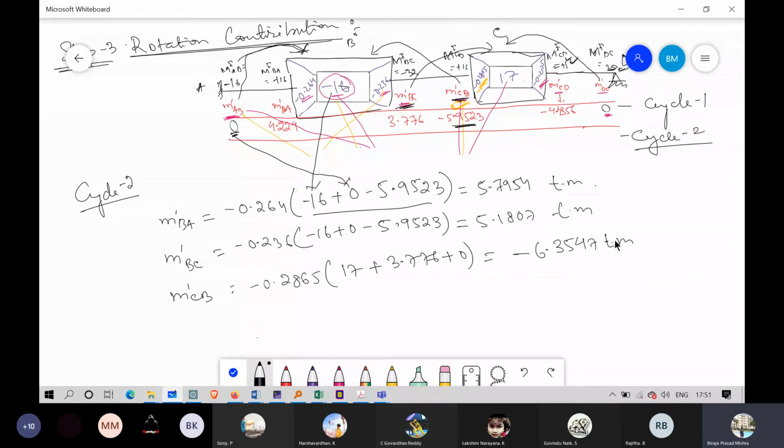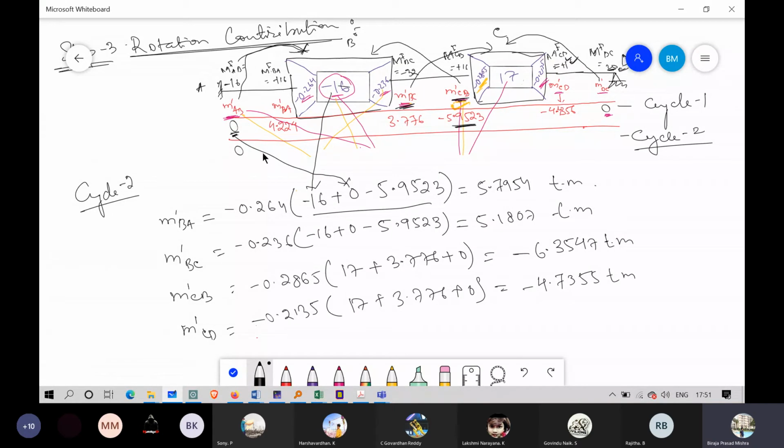Similarly, M bar CD equals minus 0.2125 into 17 plus 3.776 plus 0. So this becomes minus 4.7355 ton meter.